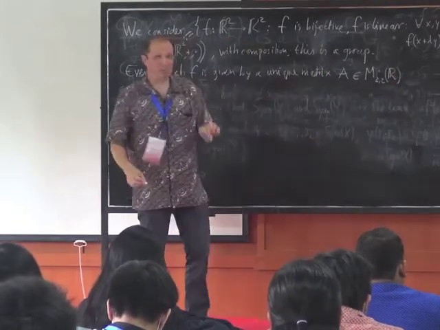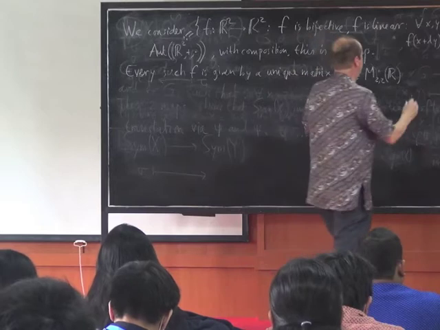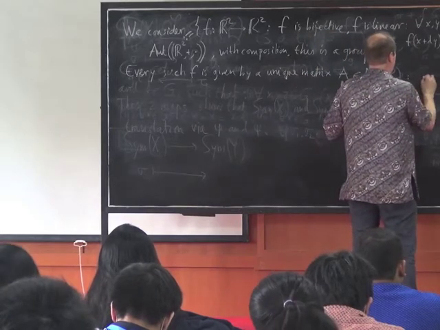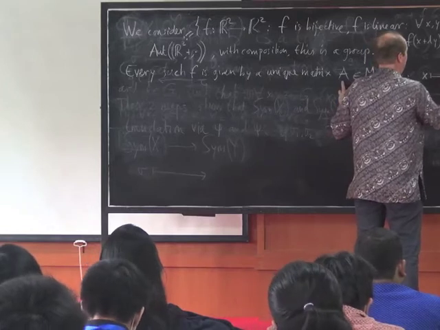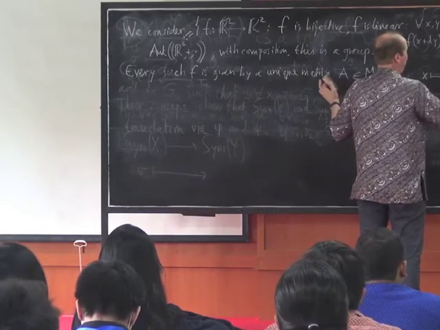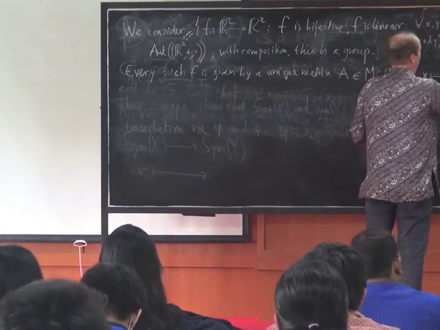Every linear map is given by a matrix, X goes to A times X. Now I have to view X as a column vector, right?